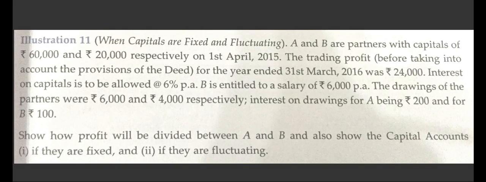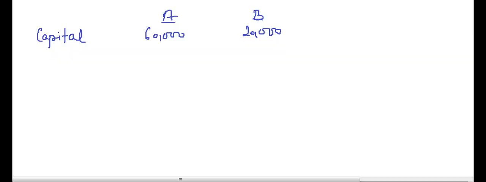The trading profit before taking into account the provisions of the deed for the year ended 31st March 2006 was 24,000. What is the profit? Profit is 24,000. Okay.